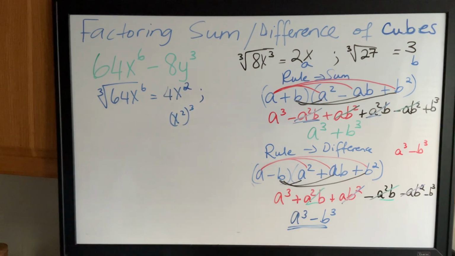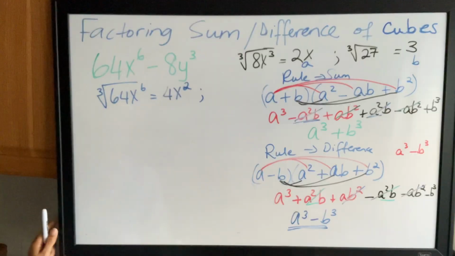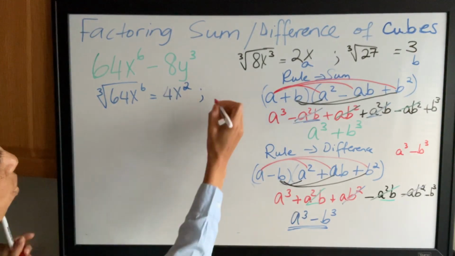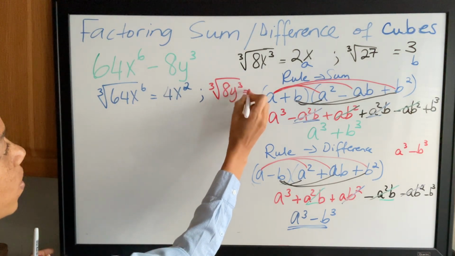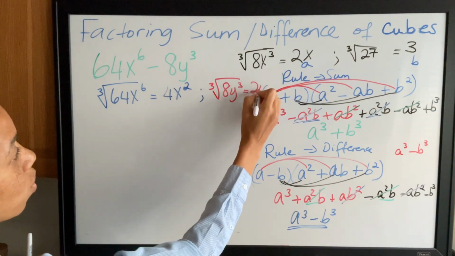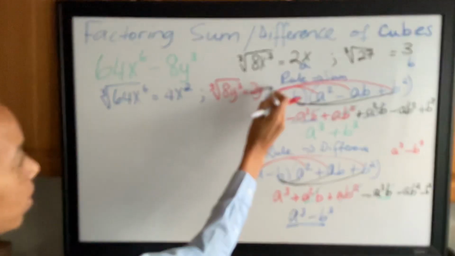Multiply your exponents and you end up with the 6th power there, and that's where it's coming from. Next, I need to find the cube root of 8y to the 3rd power, which is going to give me simply 2y.